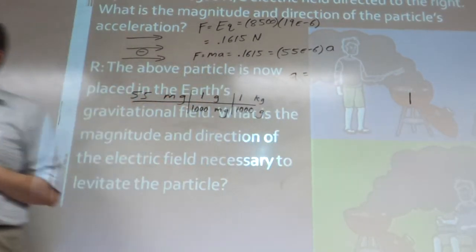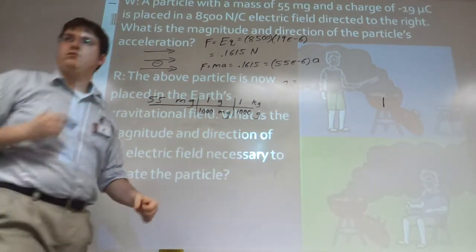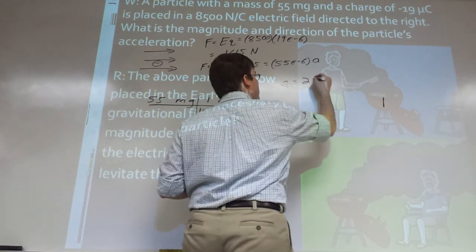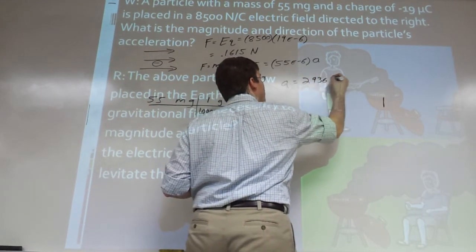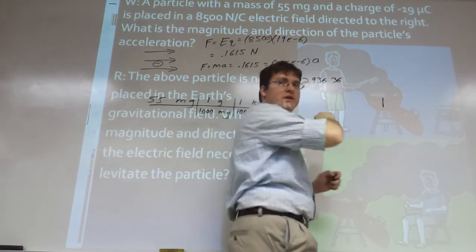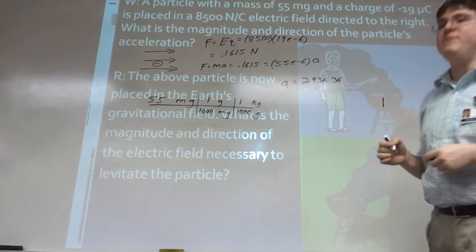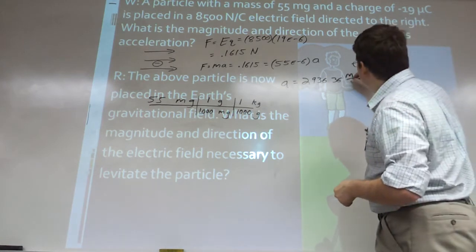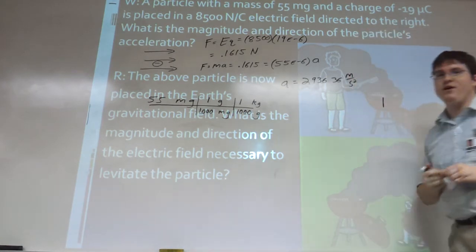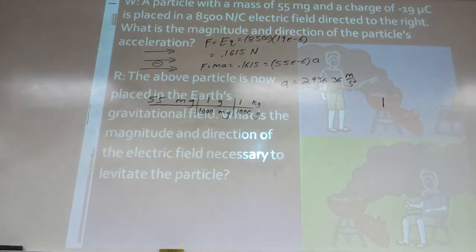Let me know what you get for acceleration. 2936.36. What are the units? Meters per second squared. There we go. Acceleration: 2,936.36 meters per second squared. Anybody have any questions?